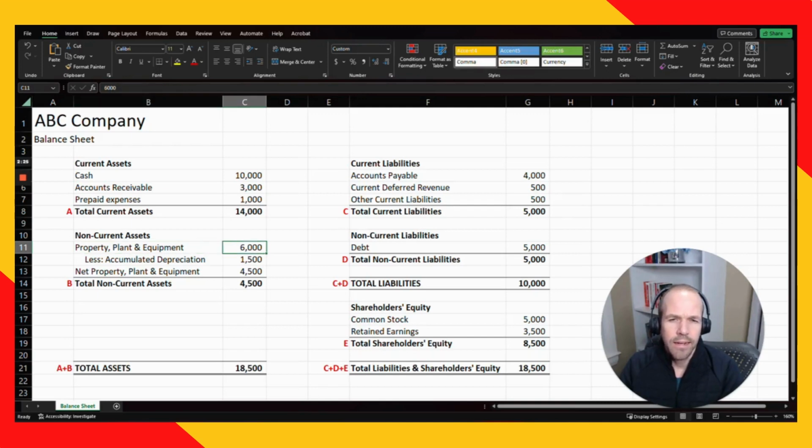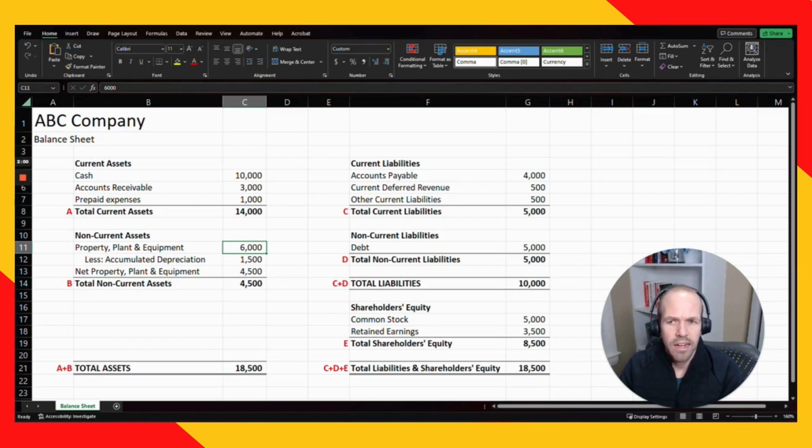Now, in accounting, just to make things a little bit more confusing, we have this concept called depreciation. And that is basically depreciating an asset over its useful life. For example, if you bought a laptop for $3,000 and its useful life is 3 years, the accumulated depreciation in year one would be $1,000. In year two, it would be $2,000.